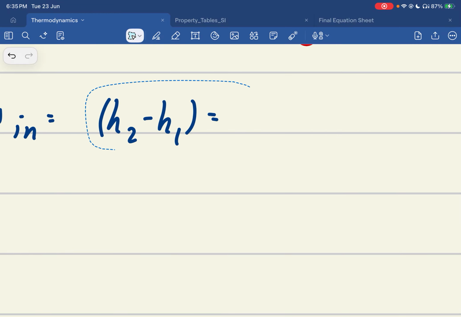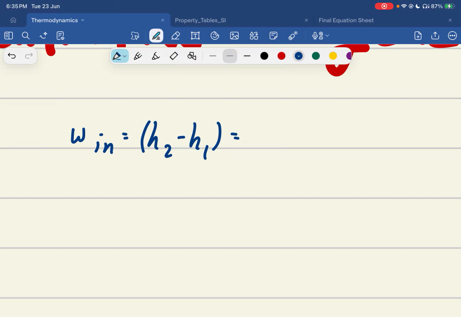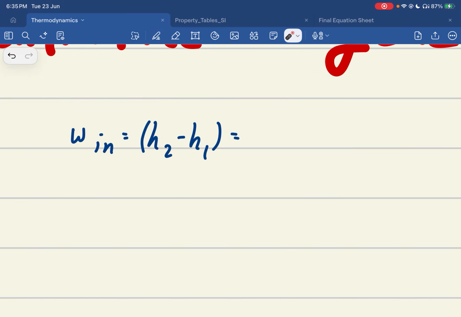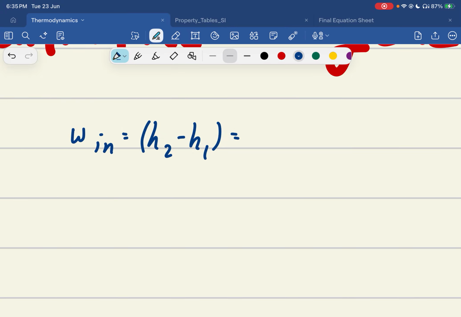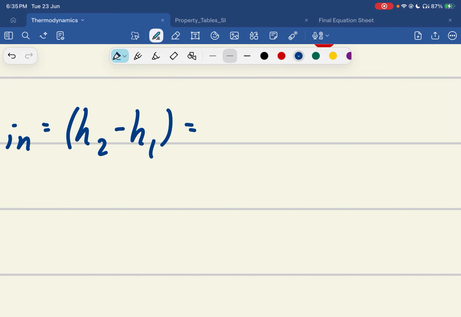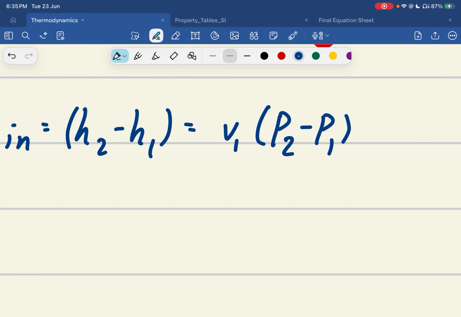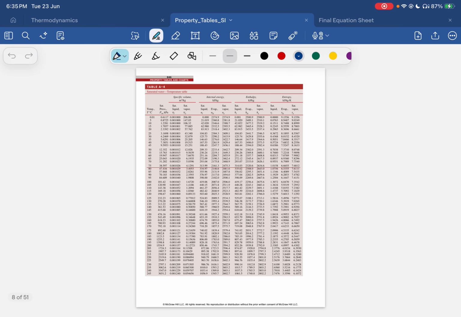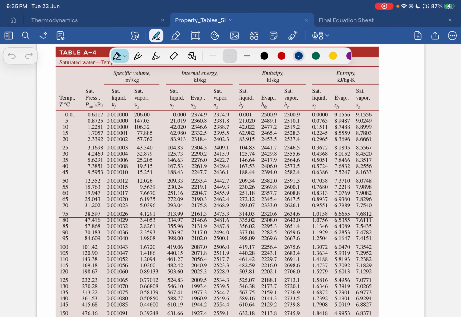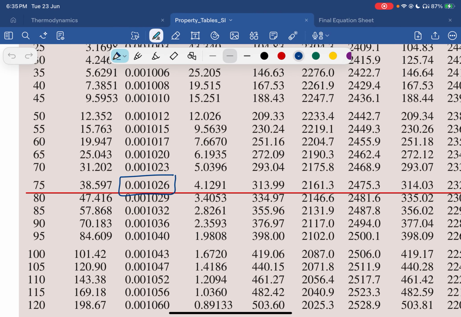This is just an energy balance, like I just made it quick. So pump work approximation says that you have your specific volume of the initial state, and then you get the difference in pressure. And our specific volume at 75 is going to be the saturated value. So it's 0.001026.